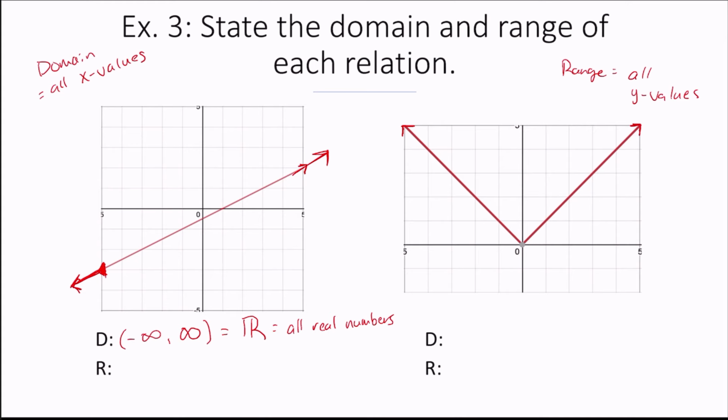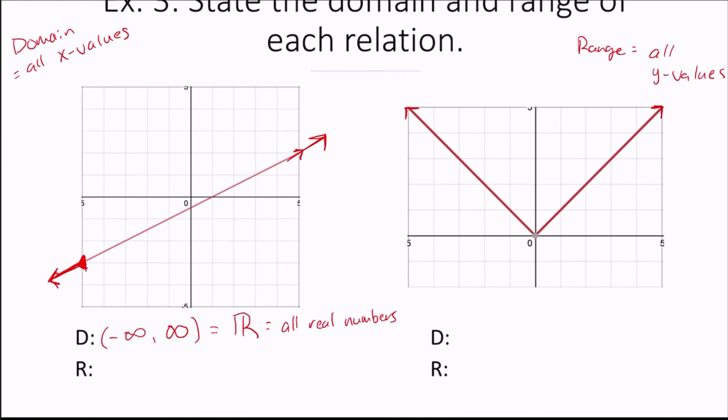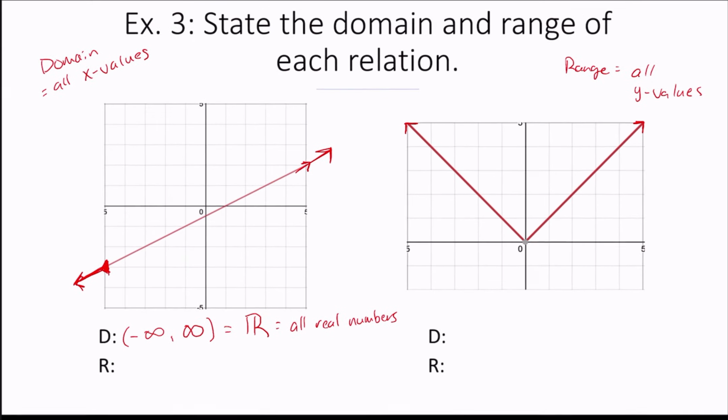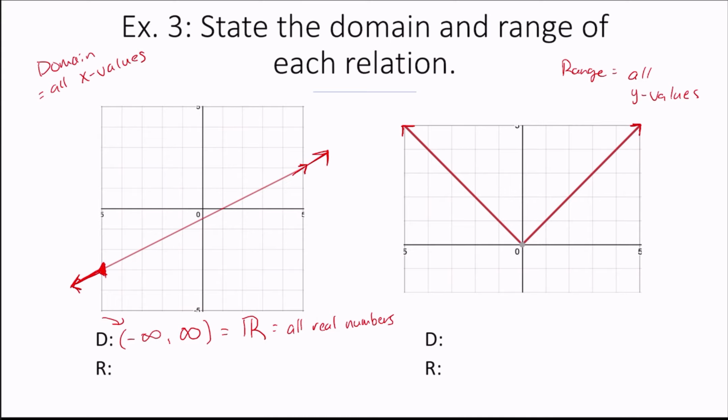And all real numbers means from negative infinity to positive infinity. And so you can write it in interval notation, which is this. This is interval notation, with the parentheses, sometimes or brackets. Or you can write the weird R symbol for all real numbers.